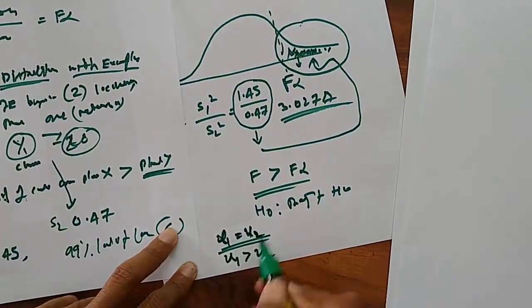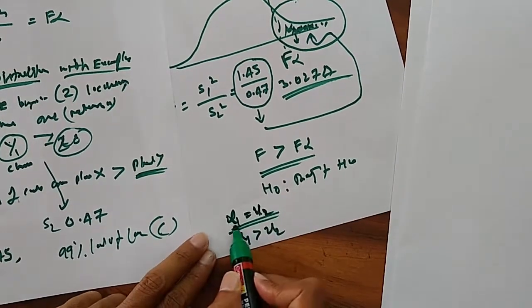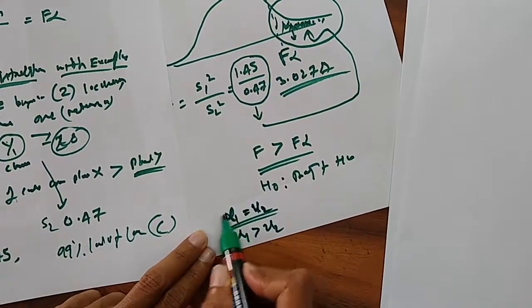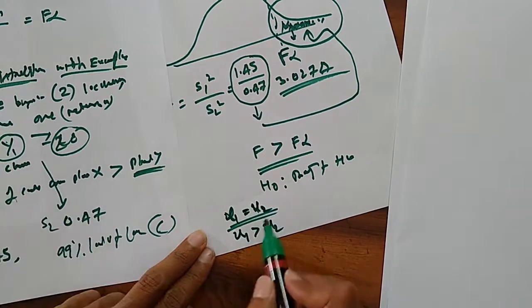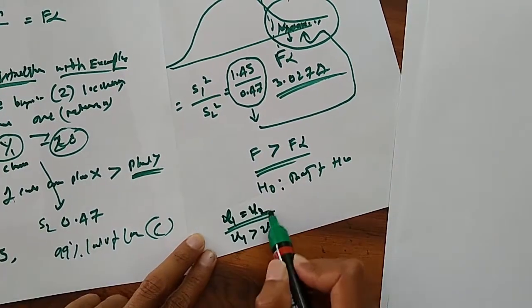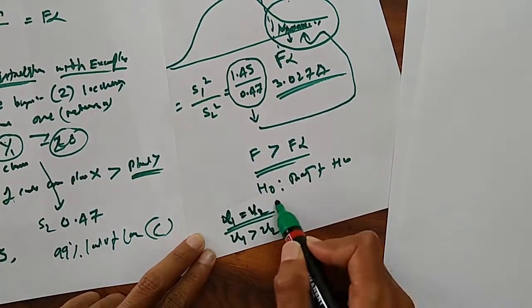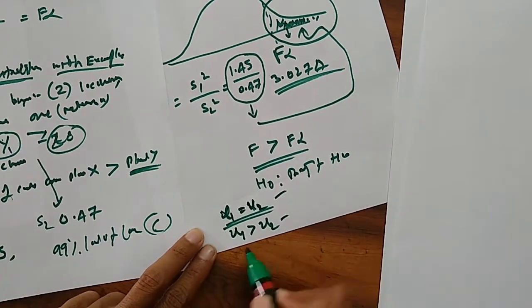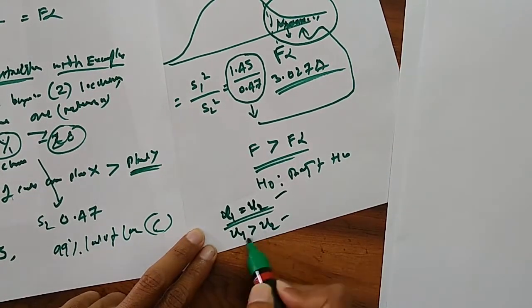our null hypothesis says the size of cell phones created in plant X is equal to the size of cell phones created in plant Y. Our alternate hypothesis is our claim.